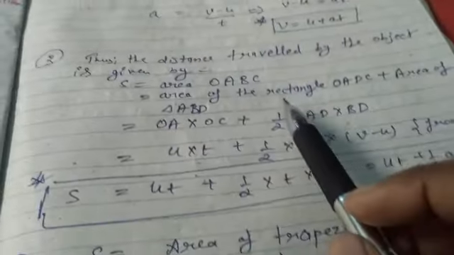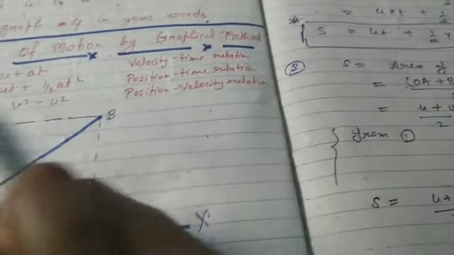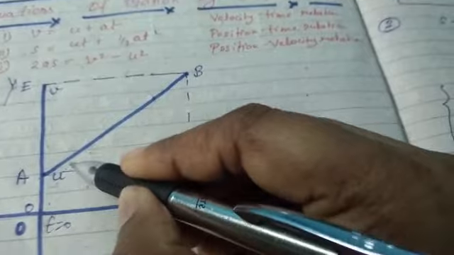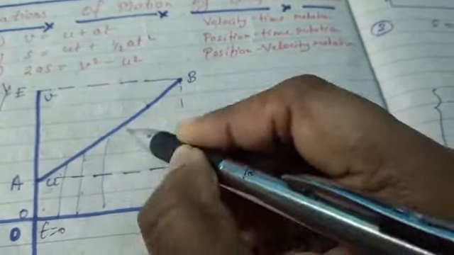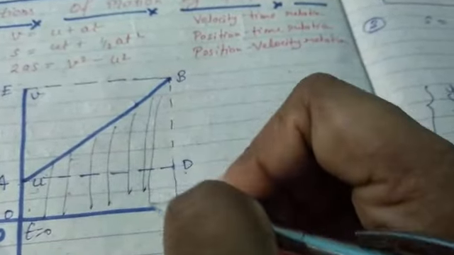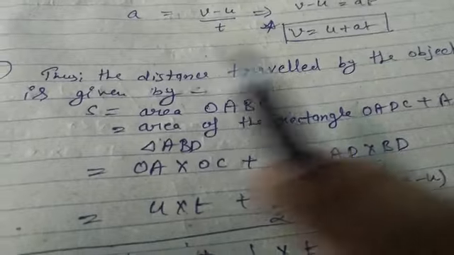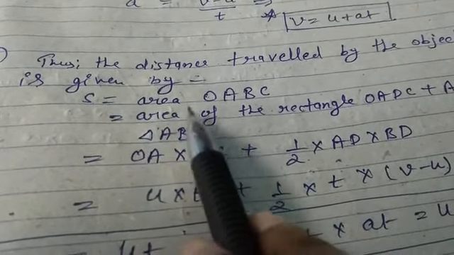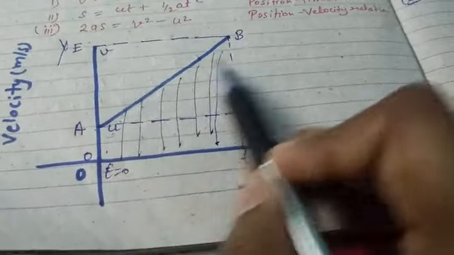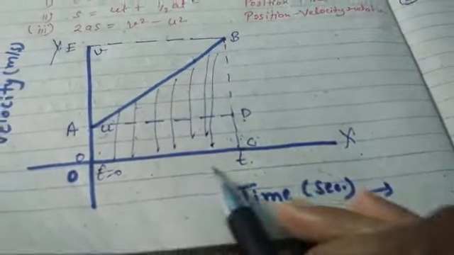Now come to the second equation. In the second equation we have to find the displacement. So how can we find the displacement? The area covered by the velocity time graph and the time axis gives us the displacement. Thus the distance traveled by the object is given by s equals the area of OABC. Now this is a trapezium.